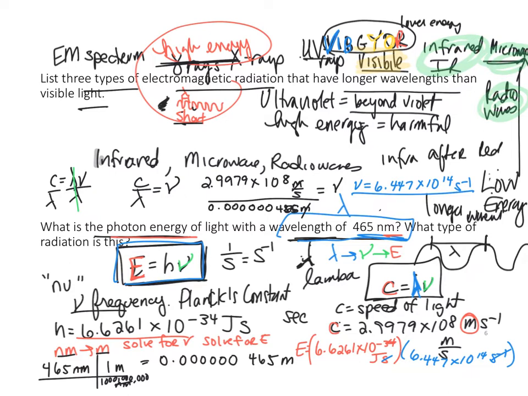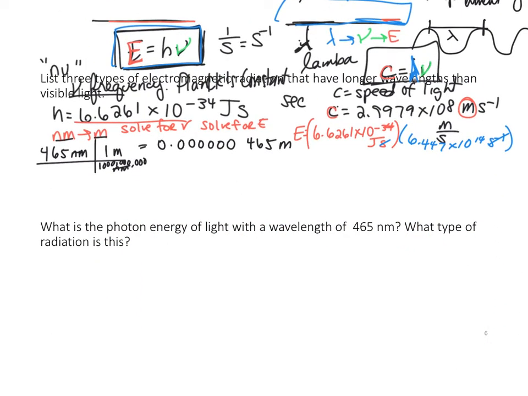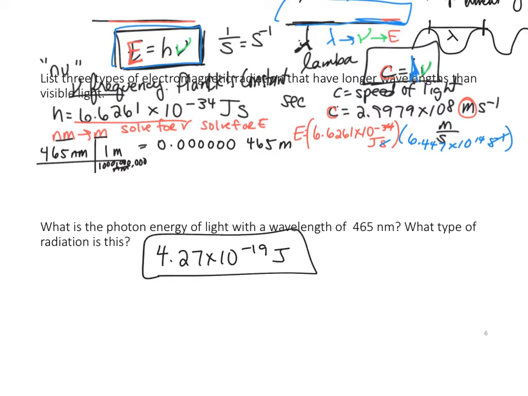So you take this times 6.6261 E negative 34, and so your answer becomes 4.27 times 10 to the negative 19 joules. And that's how much energy of that photon. You could say 1 photon or 1 mole of photons, depending on what you might read.